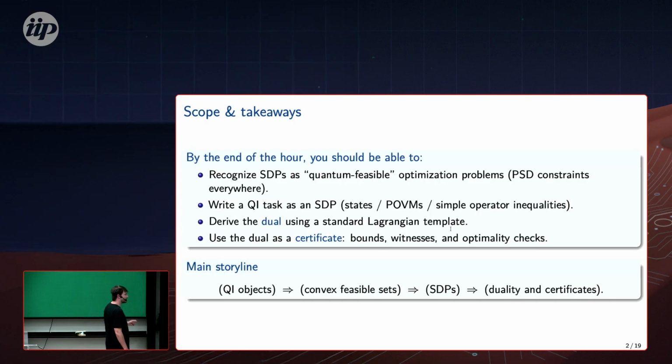And the second one is going to be a slightly less trivial SDP, in the sense that at first, when you look at this quantity, it might not be clear at all that it is an SDP, namely computing the diamond distance between quantum channels.